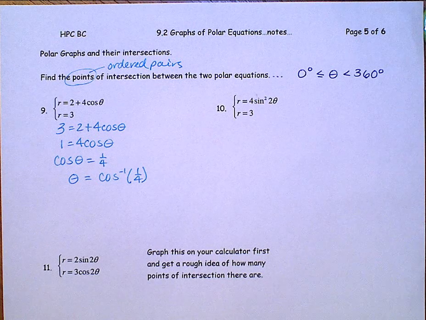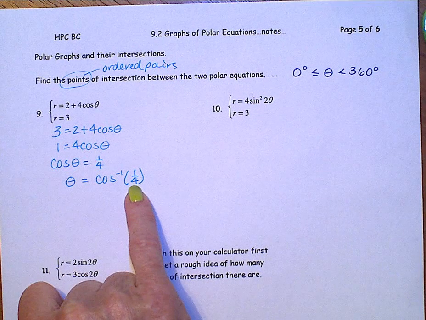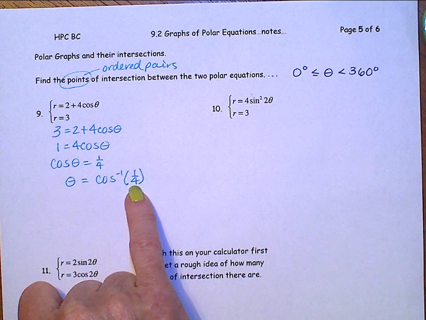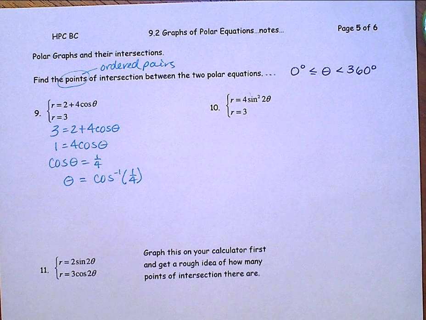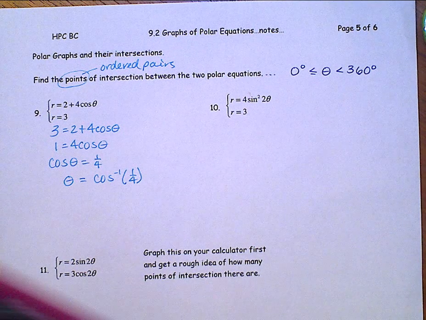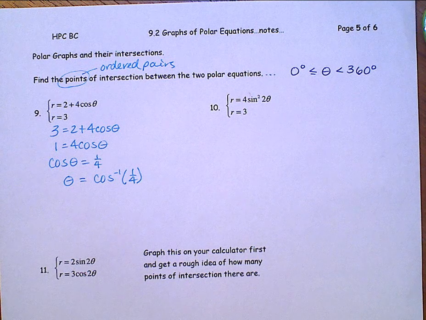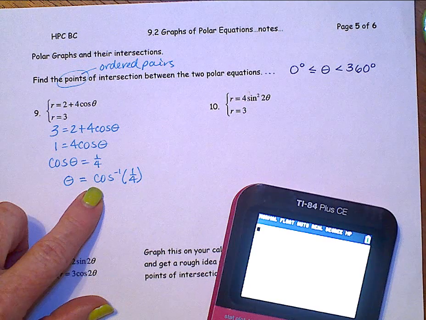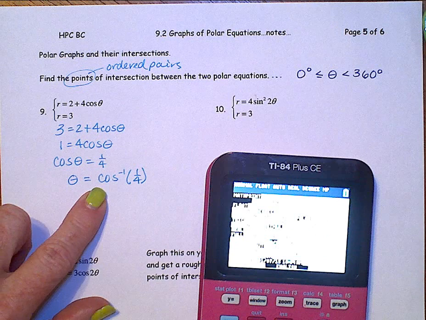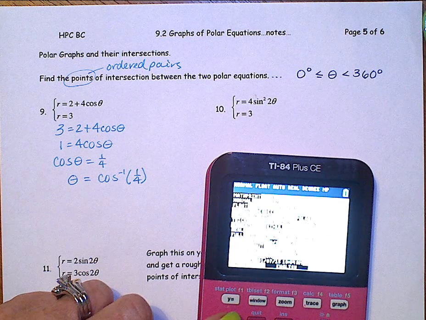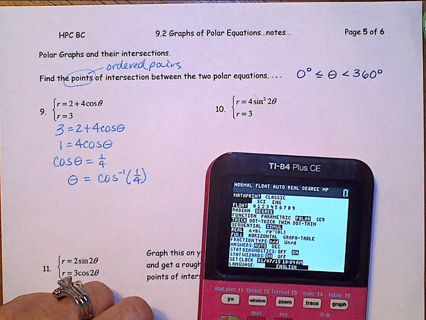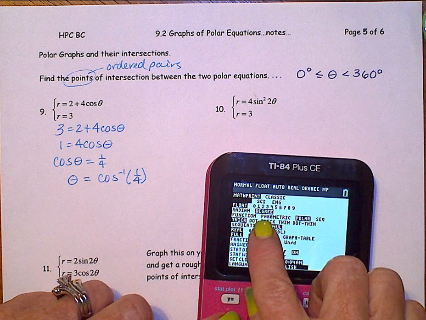So, cosine equal to 1/4, not a memorized place on the unit circle. So go ahead and grab your calculator, and make sure your calculator is set in degrees. Let me turn my contrast down here so you can see this. Set in degrees.